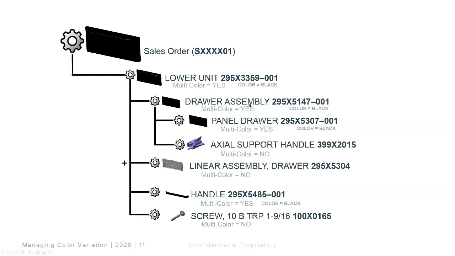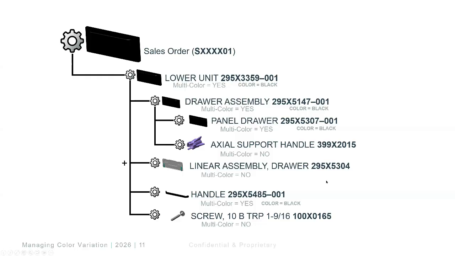So the drawer assembly, the panel drawer, which includes the support handle, has different color variations and different part numbers. Now the handle in this case, I'm choosing it to be also the same color, but it could be a standard color that varies only within certain panels. But in my example, I'm also going to make it the same color as the front drawer unit.